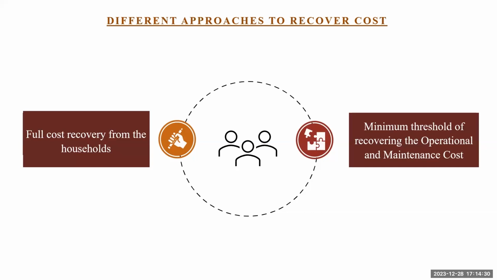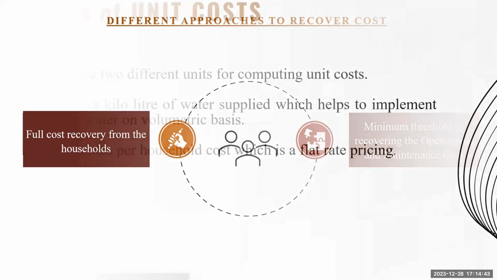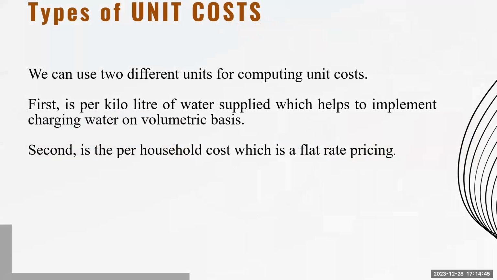Yesterday we were also talking about how, at the initial stage, you might want to look at only the operational maintenance cost, but over a period of time, you need to think about recovering the full cost, because that helps in taking care of any repair and replacement that's going to come in future periods of time.